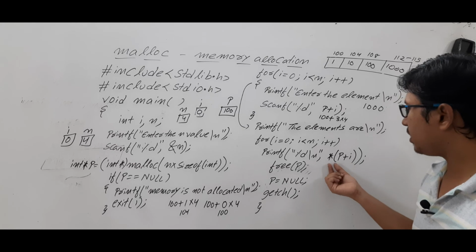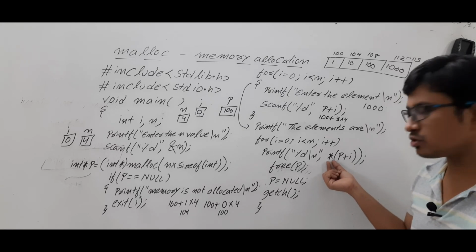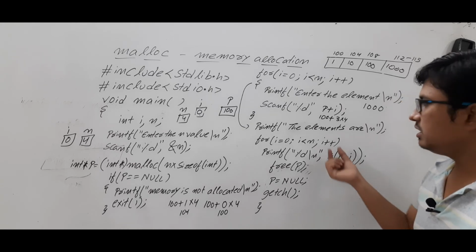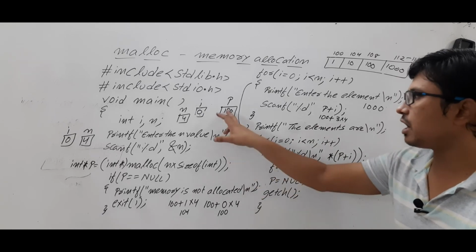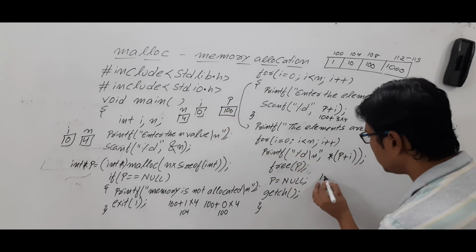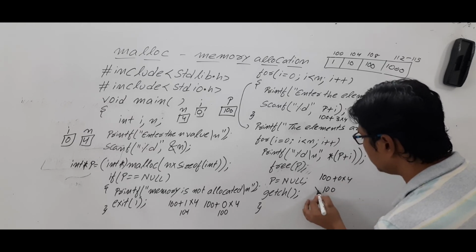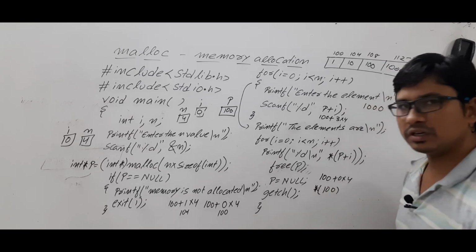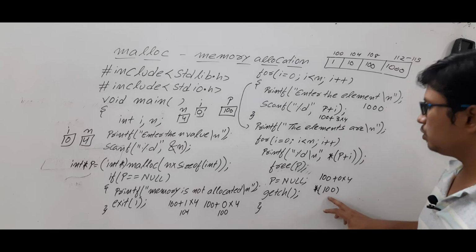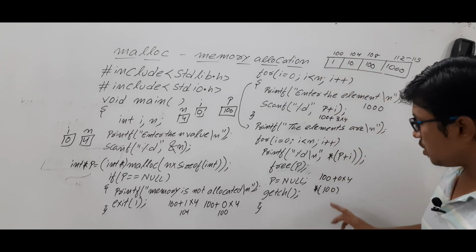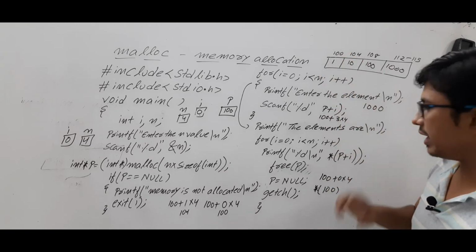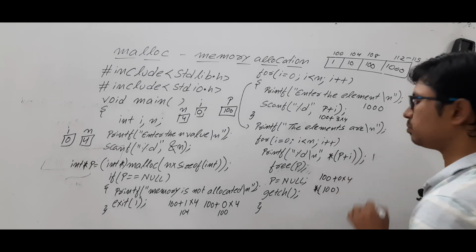As it is a pointer, we are using the dereference operator on P plus I. Initially the I value is 0 and P is having 100, so 100 plus 0 into 4, which will be 100, using the dereference operator. Dereference operator means you go to the 100th memory location. What value is there? 1. That will be displayed as an output.